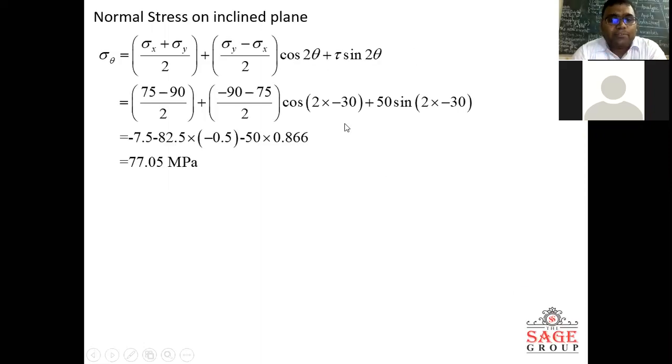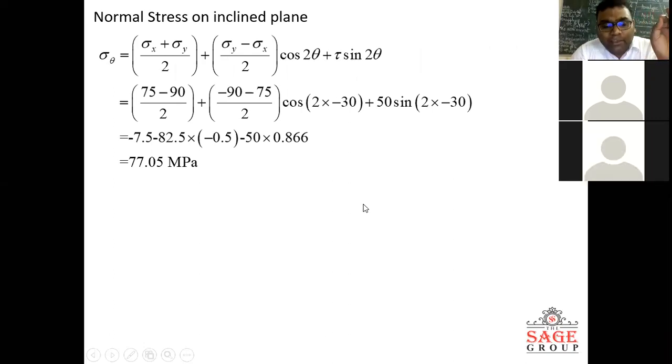If it is the opposite, then we have to put a minus sign here. You must always keep in mind which condition you took to derive the formula. You have to convert the given question to that condition, then only will you get the right answer. So let's move to the next part to calculate the shear stress on the inclined plane.